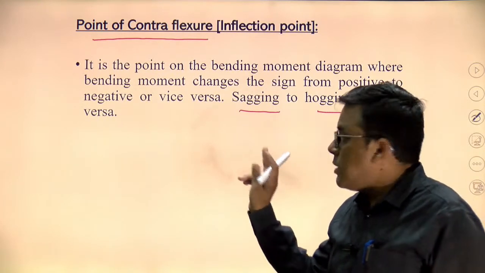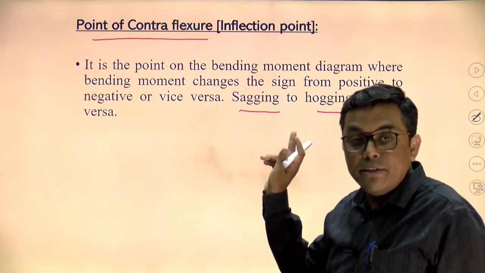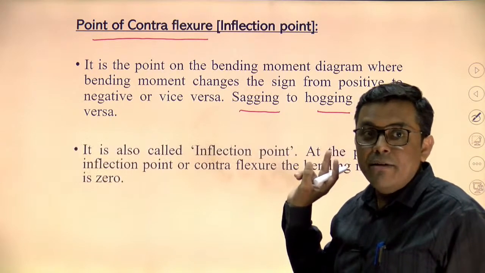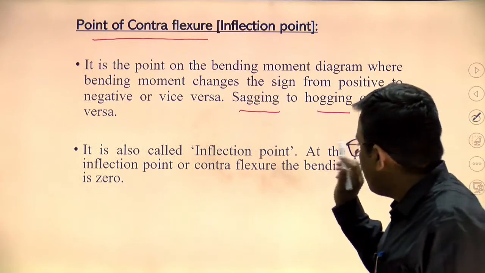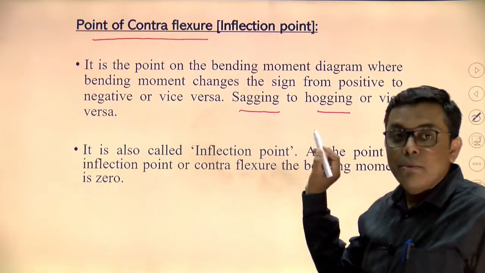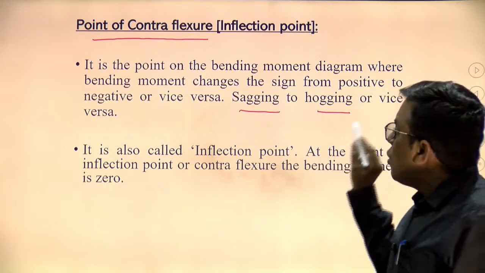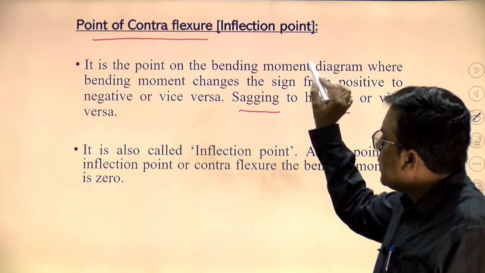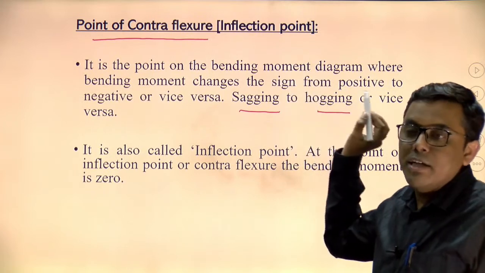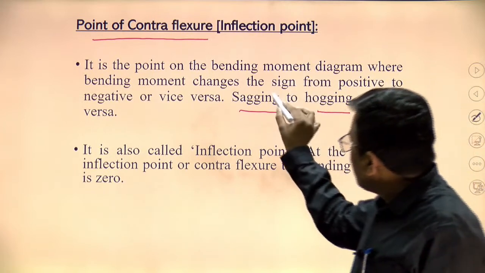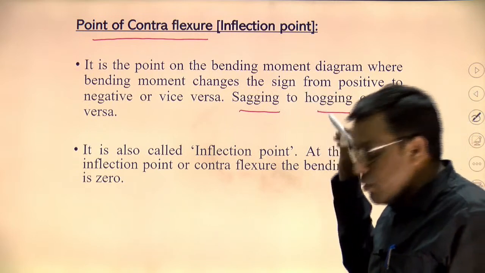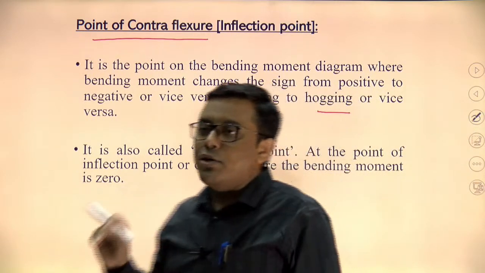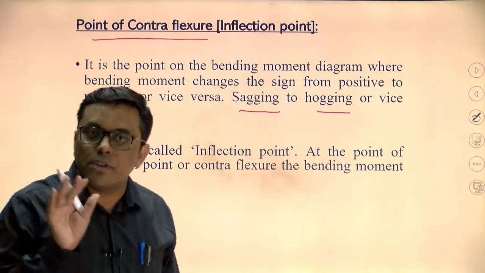It is not the point where shear force is 0. It is the point where bending moment is 0. Mathematically, it is the point where bending moment is 0, or technically, where the bending moment changes its nature, from sagging to hogging or vice versa.